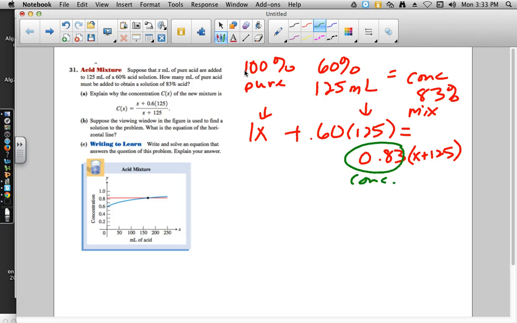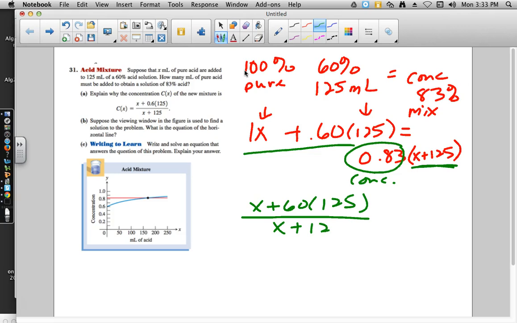So if we wanted to solve for 0.83, we would take the left-hand side and we would divide it by X plus 125. And that would give us our 0.83. So they're just manipulating the formula, that's all. So explain why that concentration is C of X equals X plus 0.6 times 125 over X plus 125.